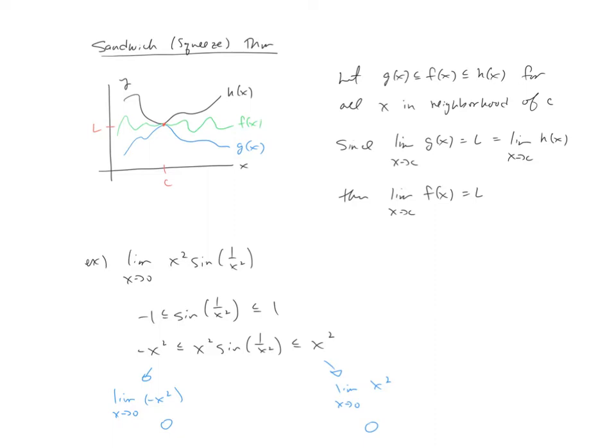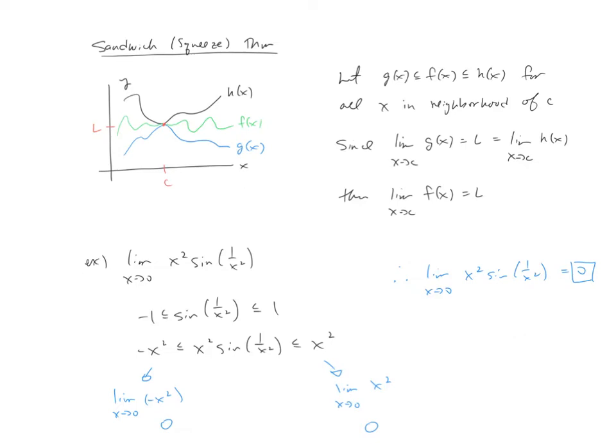Therefore, the three dots in a triangle means the limit as x goes to 0 of the inside part, remember it's bounded on the bottom by this and the top by this, has to also be the same. So x squared sine of 1 over x squared also has to equal 0. And that's by the squeeze theorem.